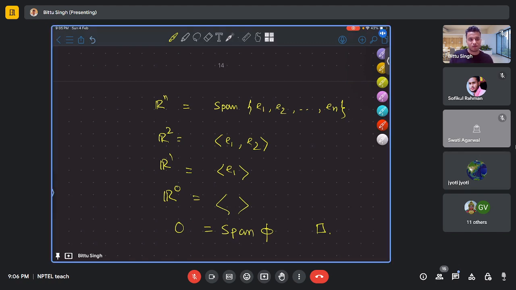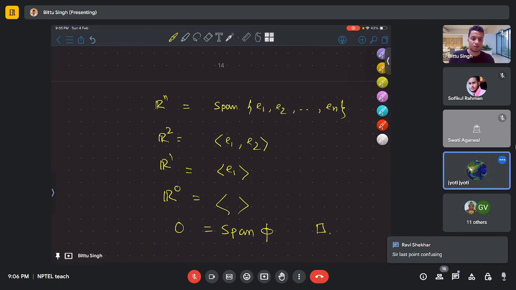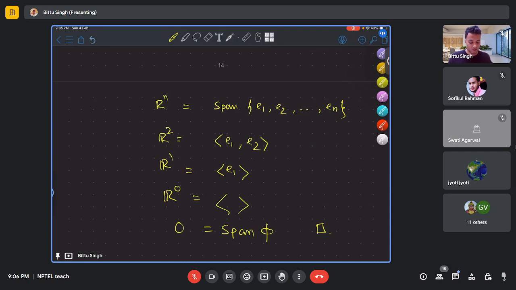Not completely, but you need to work with some examples, then it will be clearer. Ravi, for R0 you cannot choose anything, because 0 itself is linearly dependent. So you cannot put anything here. It is a logical argument.